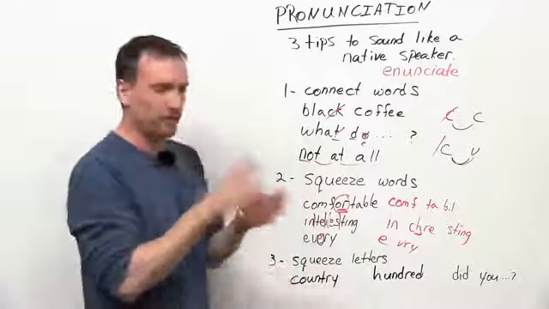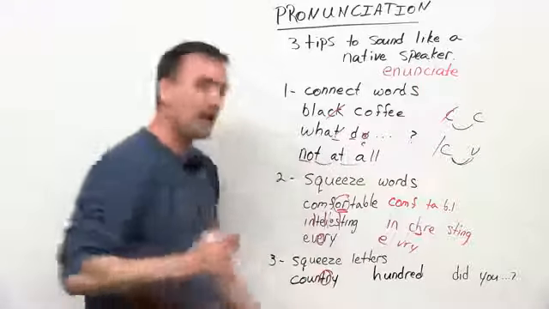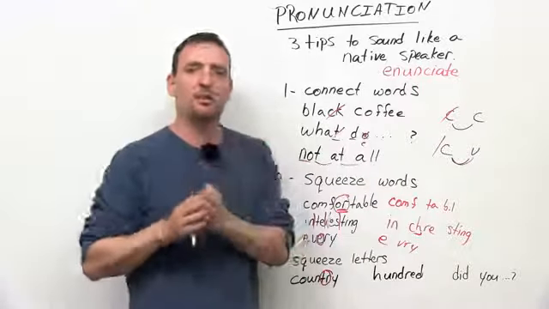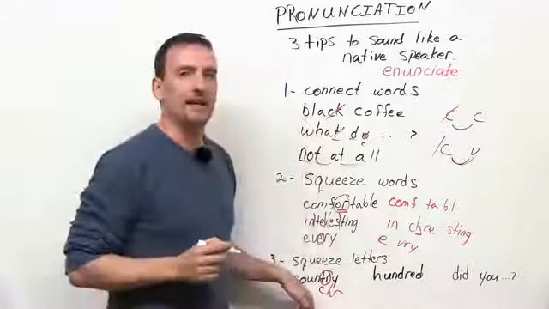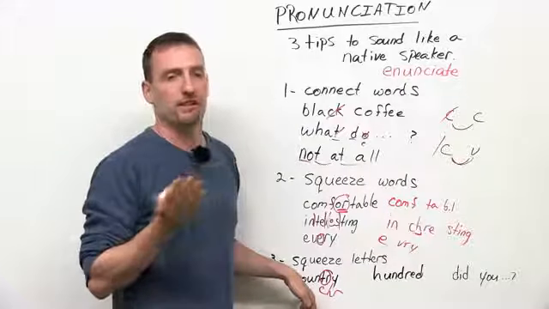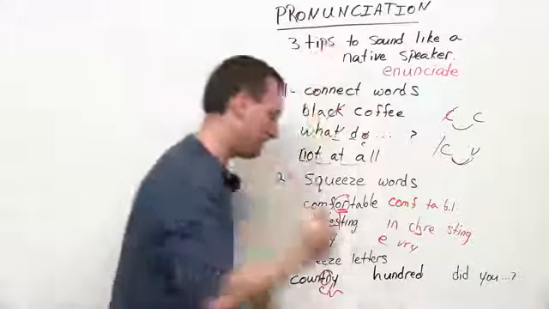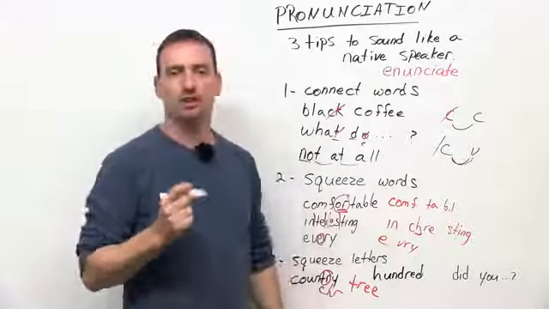Last, squeeze letters. Now, this is particularly true for a few letters. When we have TR, TR together usually sounds like CHR. So we don't say country. We say country. Country. Like a tree that grows, but even a tree is tree.